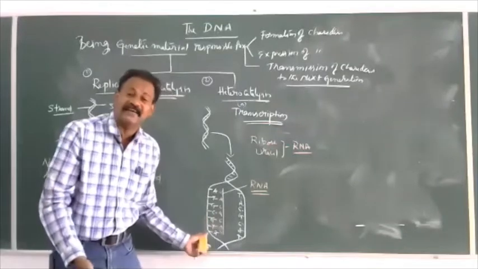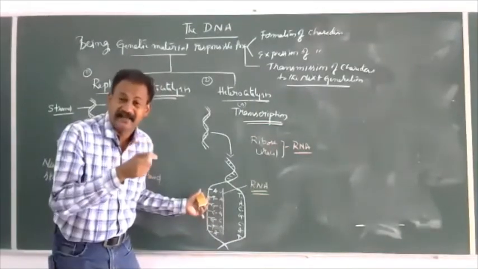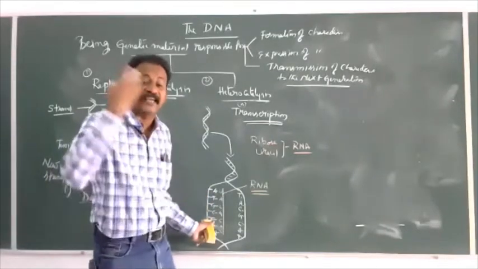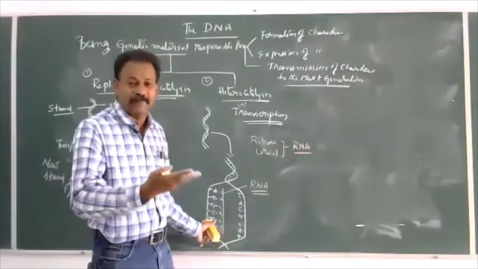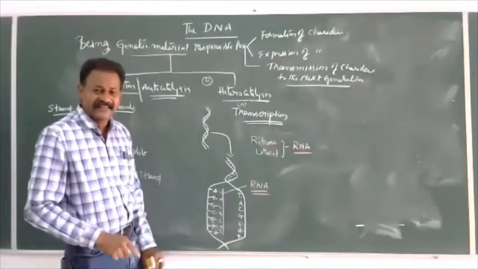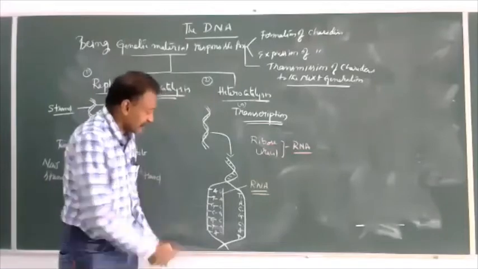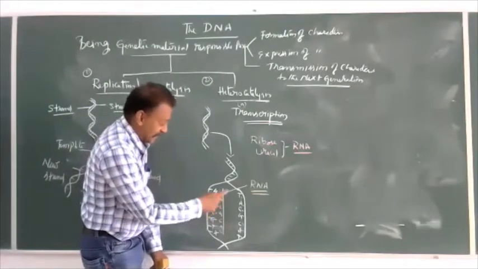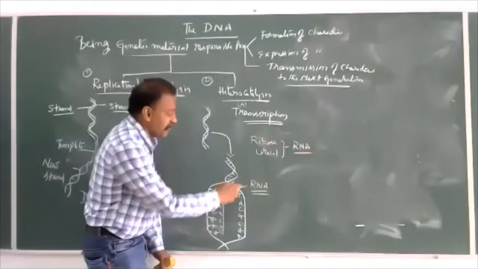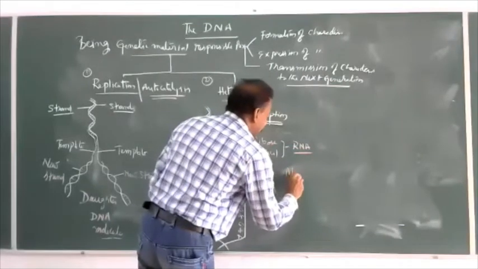Any sequence of DNA which is responsible for a character in the body of a human, plant, or any animal is called a gene. Genes may be present anywhere here, producing RNA, and this RNA taking the message of DNA is called mRNA, or messenger RNA.